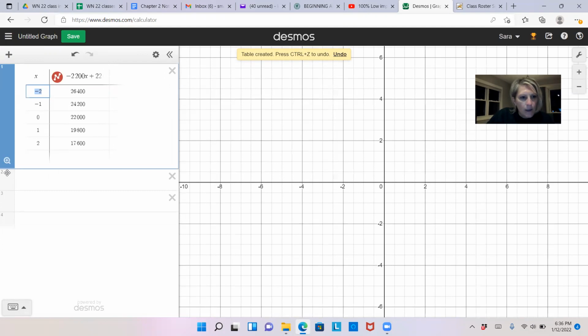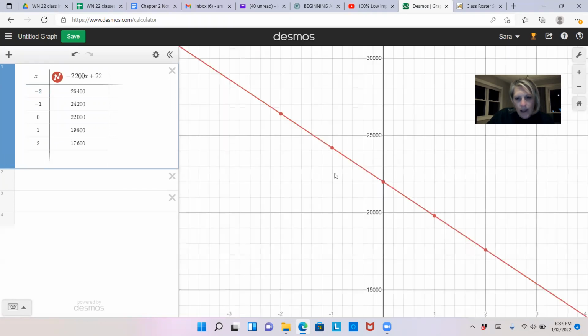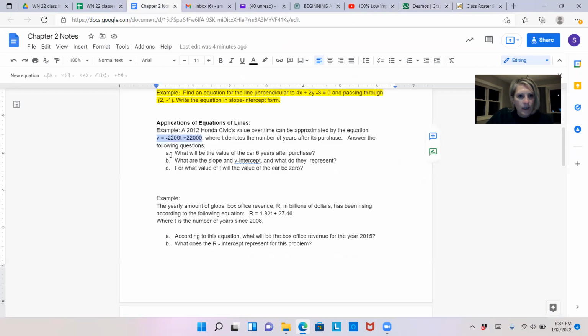When I create the table, notice that right over here where my mouse is, there is a magnifying glass, and I'm going to click on that, and then it creates the appropriate scaling on my graph for me so I can see it. So that helps. So let's go back to our assignment here.